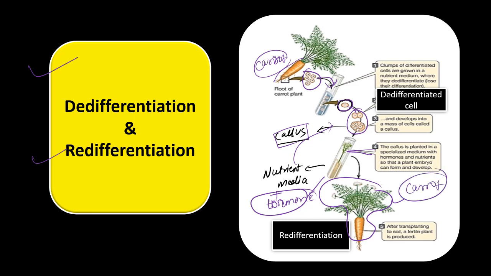So here we see, as already discussed, this carrot, a new cell taken, after this the cell converts into a new carrot. That means carrot gives a carrot. So this process is known as redifferentiation. We get confused between differentiation, de-differentiation and redifferentiation. So this is the overall topic of plant growth and development.